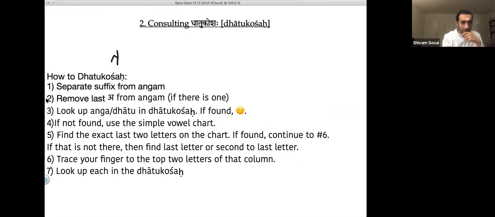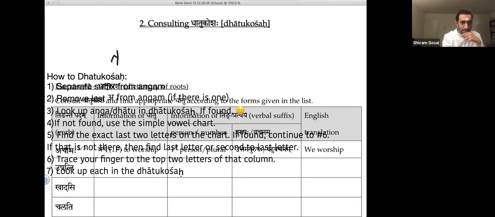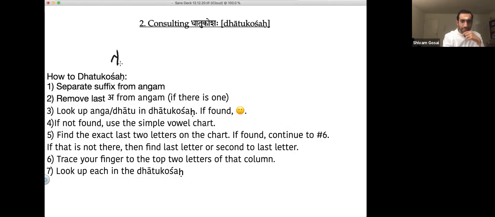Sorry, I don't know where my chart went. It's okay. All right, so tarati. Now tarati, I take off the suffix ti, so I'm left with tara. I remove the last akara, so I'm at tar.